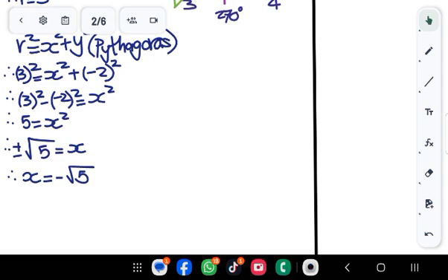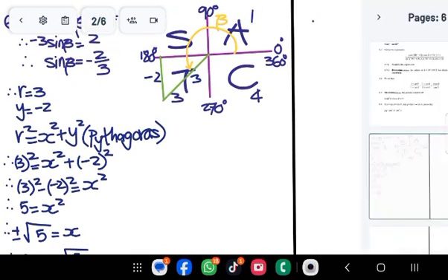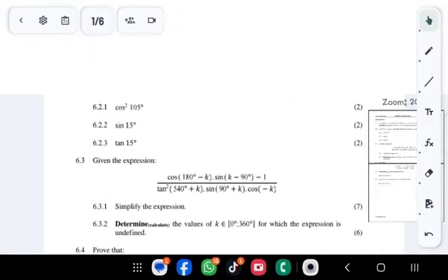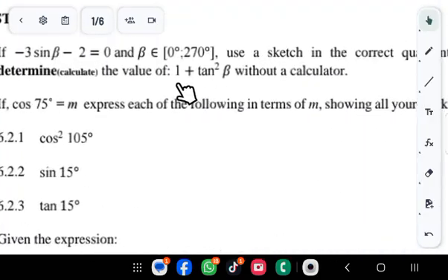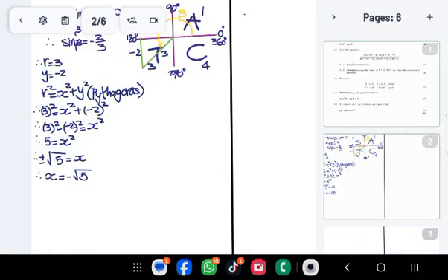So now that we are armed with this information, we can easily calculate the question that they asked us. Now we can find 1 plus tan squared beta without any problem.